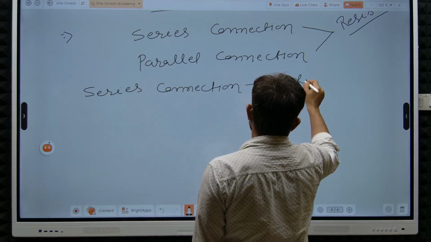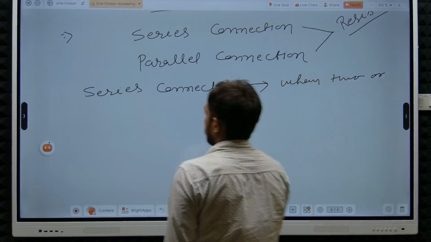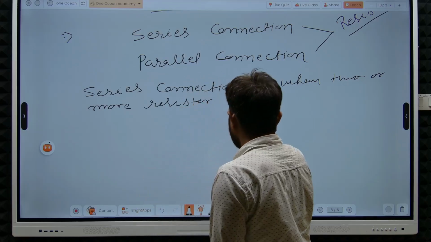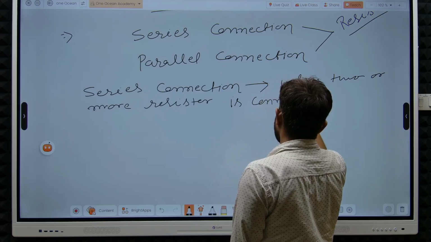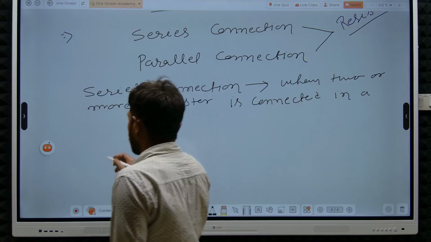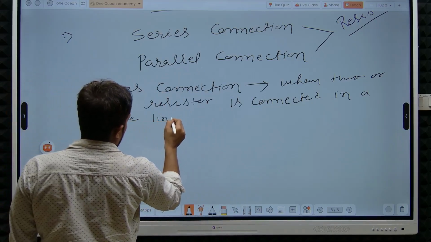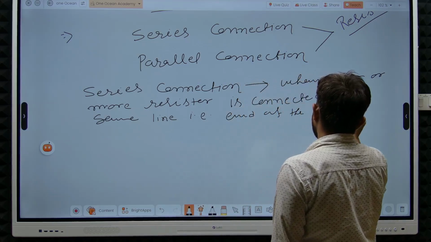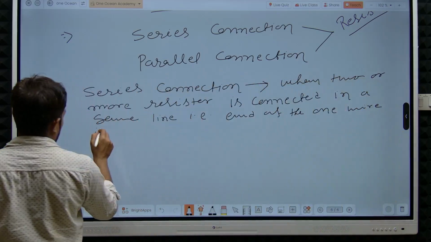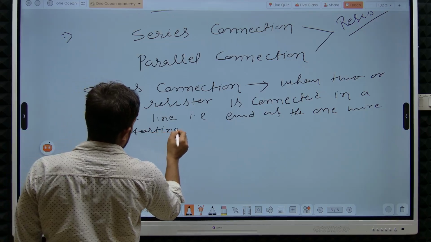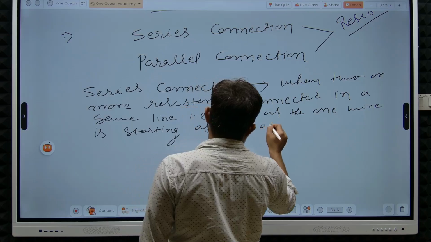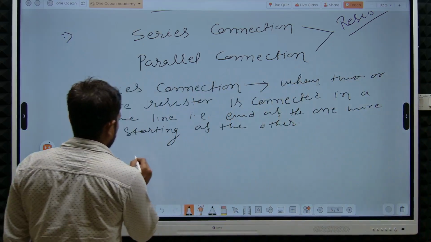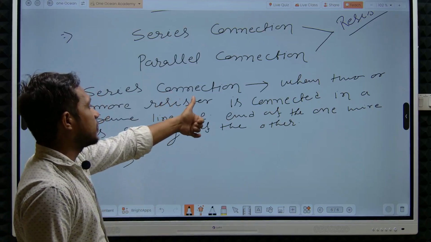So when two or more resistors are connected in the same line, that is, the end of one wire is the starting of the other, this type of connection is known as what? Series connection.